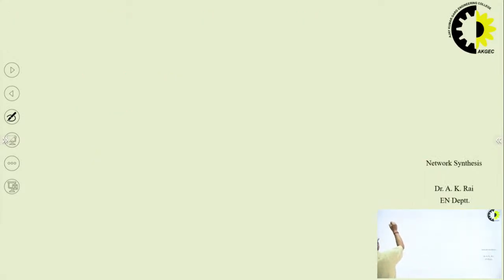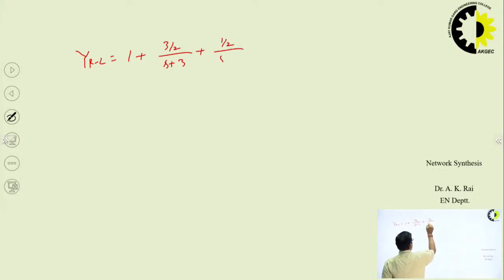So once we have found out the Y_RL, so Y_RL is 1 plus 3 by 2 over (s plus 3), then 1 by 2 over (s plus 5). Okay. So here we have a constant, then 2 poles on the negative real axis. So we can find the structure. Structure will be like this.